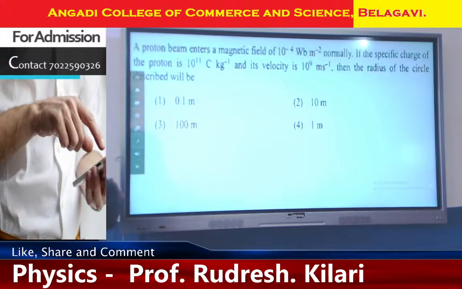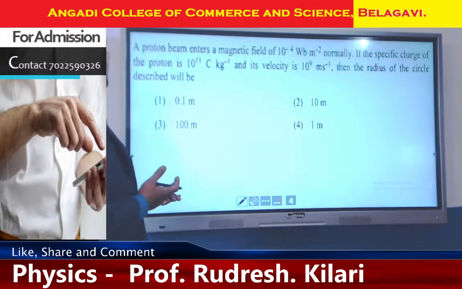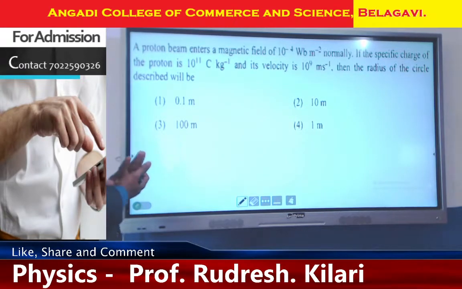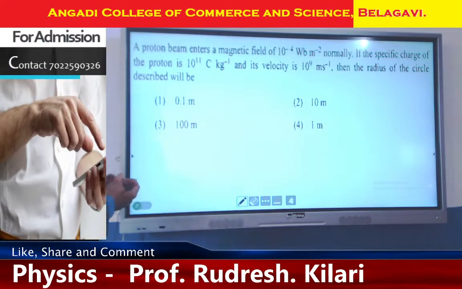Okay, next one, students. Just read. A proton beam enters a magnetic field of 10 to the power of minus 4 Weber per meter square normally. If the specific charge of the proton is 10 to the power of 11 coulomb per kg and the velocity is 10 to the power of 9 meter per second, then the radius of the circle described. Okay, what are they asking? Magnetic field they have given as well as mass. They are asking the radius of the circle.